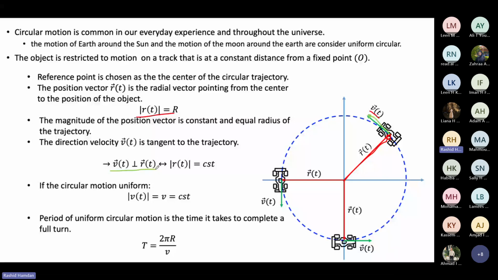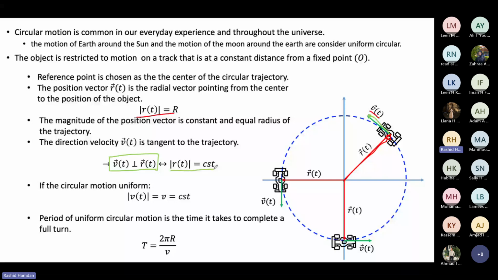So that's the first condition I should have to be in circular motion. The velocity at any time t has to be perpendicular to the position vector at any time t. Of course, this leads us to have the magnitude of r constant. So r doesn't change magnitude, it only changes direction.